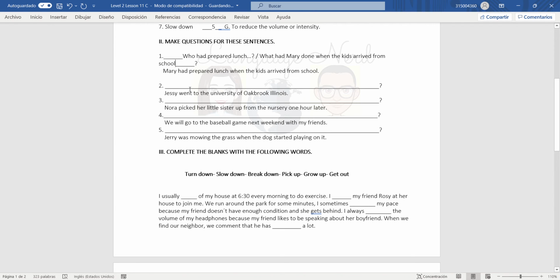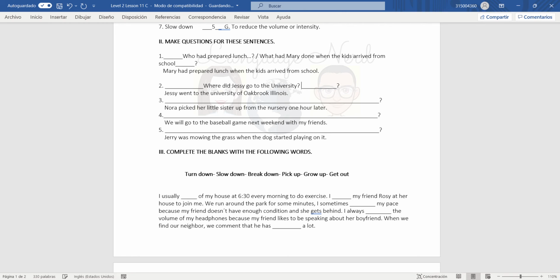Then for answer number two, we have Jesse went to the University of Oak Brook, Illinois. Then you can ask, where did Jesse go to university? And well, then your answer will be that.